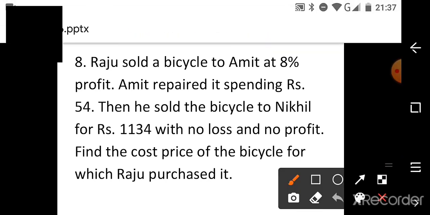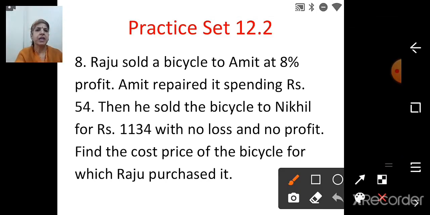So children, now this question is based on cost price, selling price, profit. So what is the formula? Profit is equal to selling price minus cost price. Now the persons involved here are three.